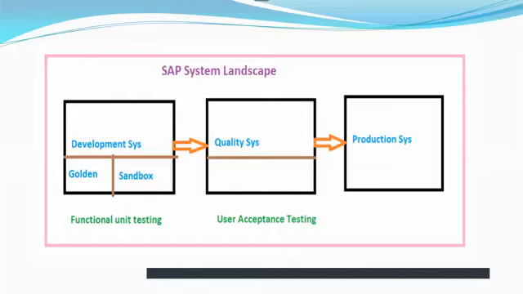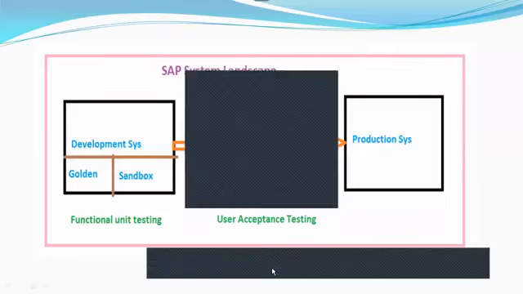Whatever we moved from development to quality, once the business users test and accept the changes, that they look good, what we requested, and it is working as expected, if they approve the particular request, then before going into the production environment, it will go to the pre-production environment.